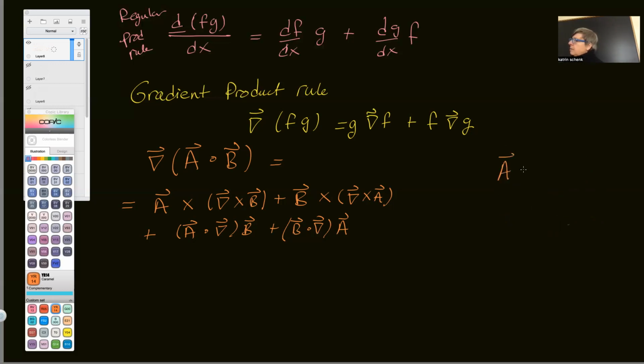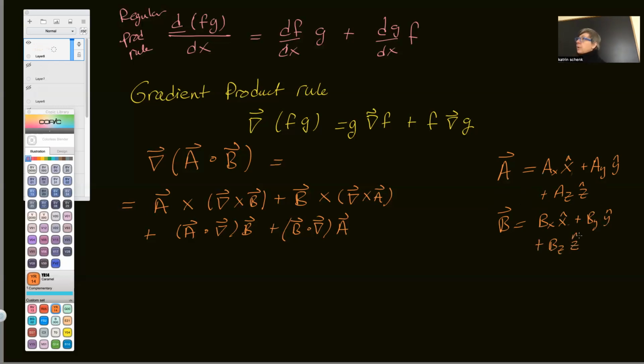So A is A_x, some function of x, y, z, X hat plus A_y y hat plus A_z z hat, right? Where each of those are functions of x, y, and z, okay? And let B be a similar thing, B_x x hat plus B_y y hat plus B_z z hat, yeah?